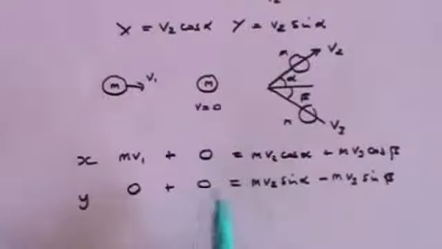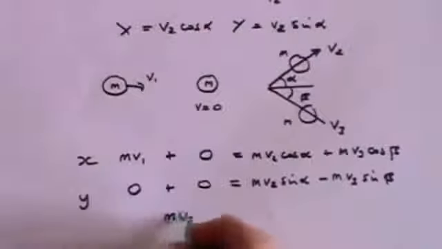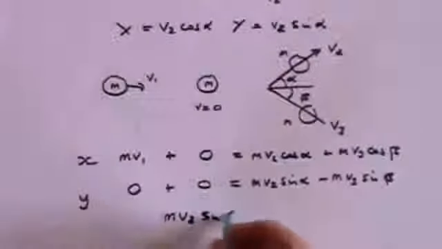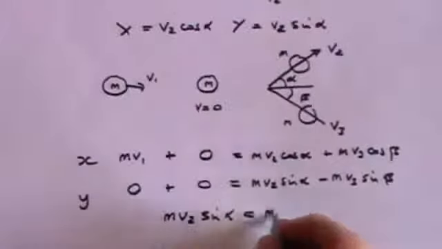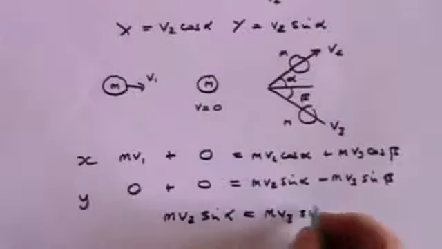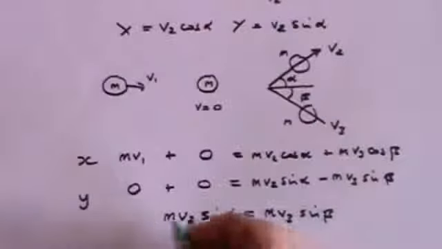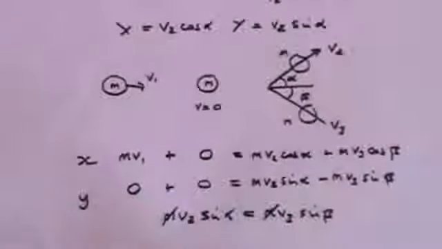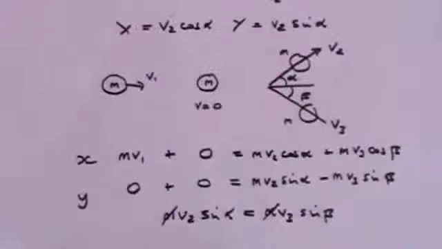So 0 equals mv2 sine alpha minus mv3 sine beta. And that means that mv2 sine alpha equals mv3 sine beta. And the m's will cancel provided the masses of the billiard balls are the same, and you get that calculation.